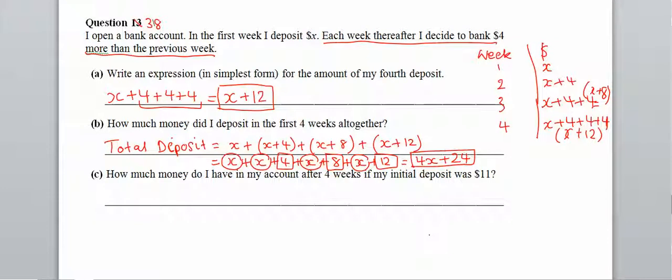Now our final question, how much money do I have in my account after 4 weeks if my initial deposit was $11? So my initial deposit. So in question B, we've written a total deposit. So we can use that equation in this answer.